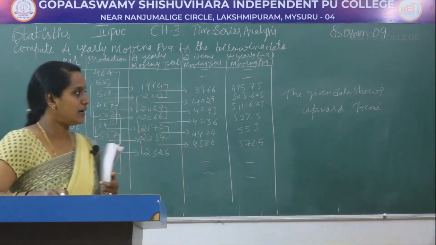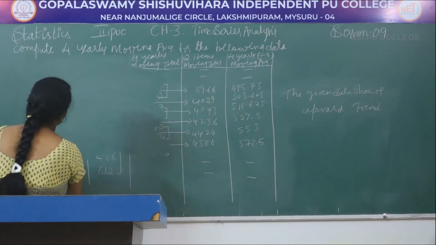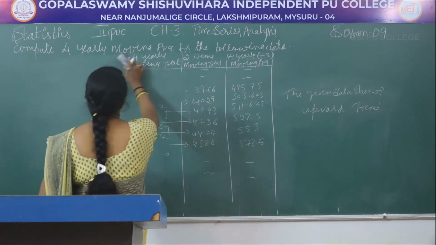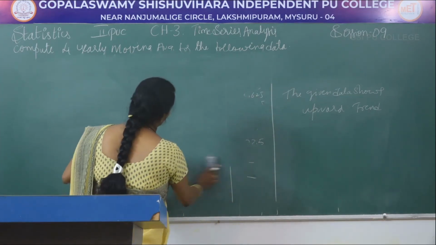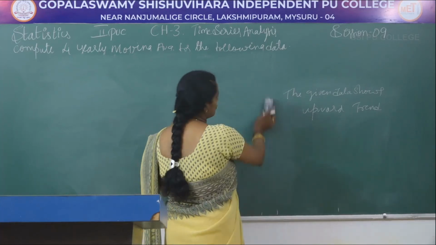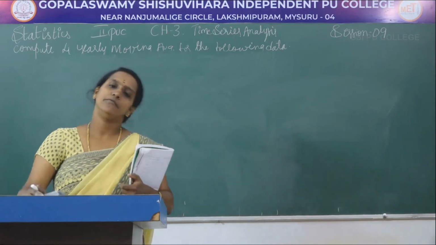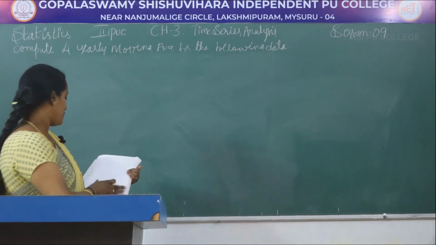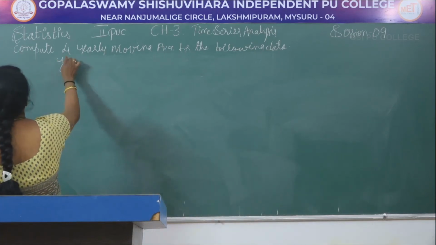Let us solve some other problems on this type, because from your exam point of view, this is a very important problem. In examination, definitely you will get one problem from moving average. It can be 3-yearly, 5-yearly or 4-yearly also. So please learn this one.